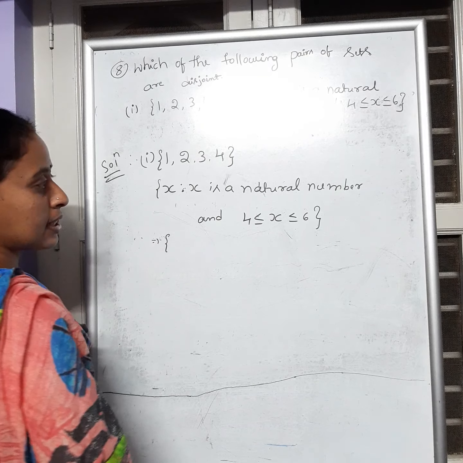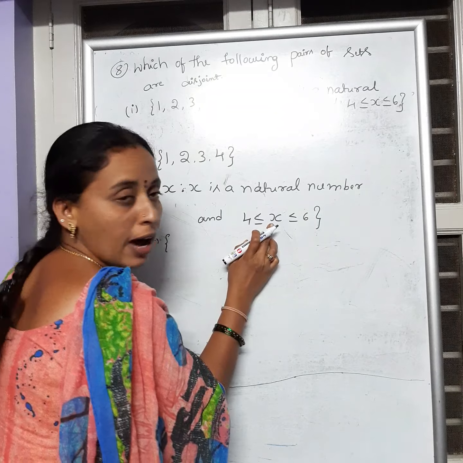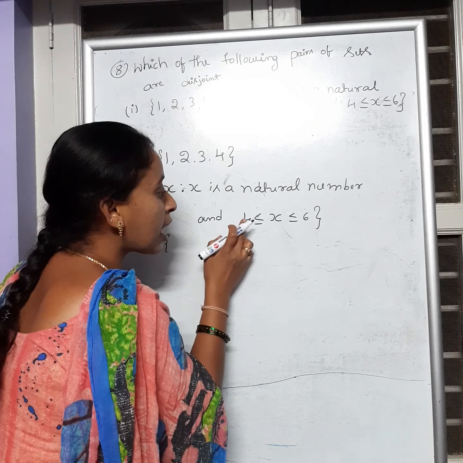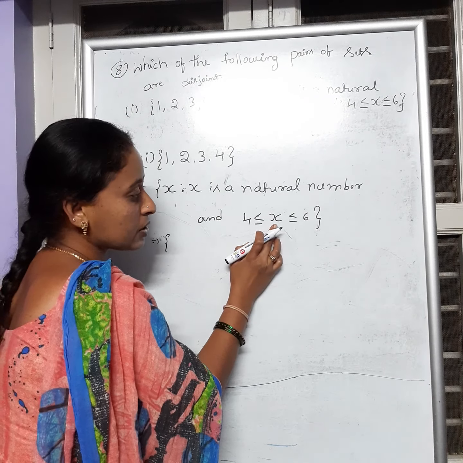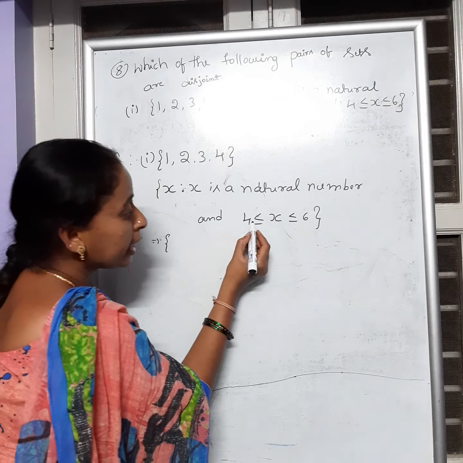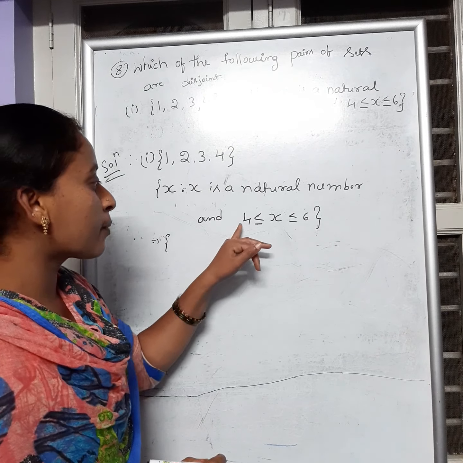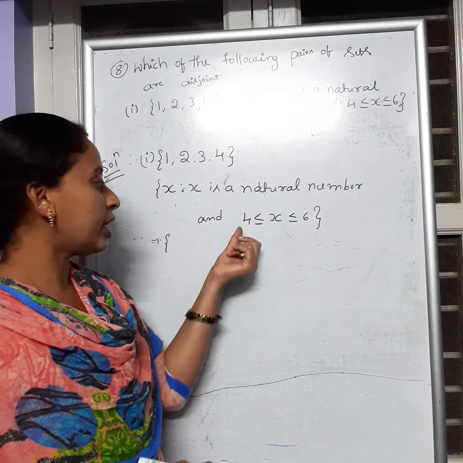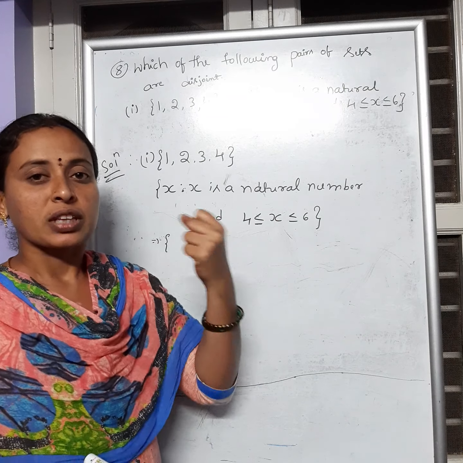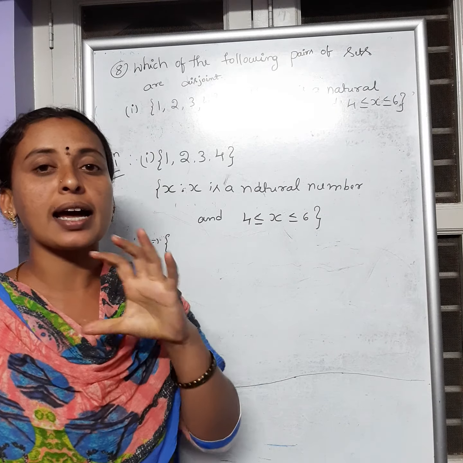x is a natural number, and the x value should be greater than or equal to 4. Here the equals sign is also given, which means we consider both 4 and 6. If equals is given, it means 4 and 6 are also included in the elements.